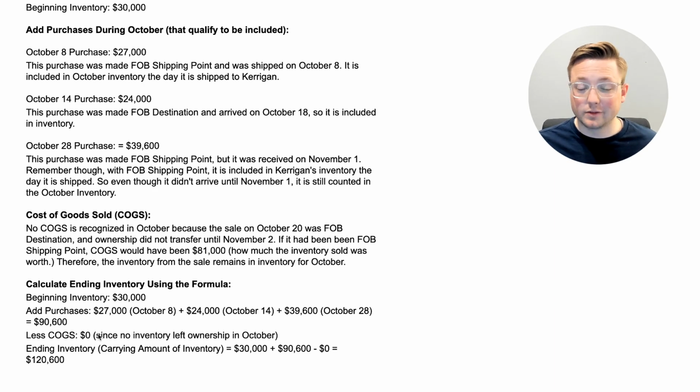So there was no cost of goods sold because that still stayed in their inventory. So the ending inventory is just the beginning inventory and the purchases, getting you to $120,600 of ending inventory, which again is the carrying amount into the next month. So I just wanted to make sure you knew what FOB destination and shipping point were and kind of just reminding you of the basic ending inventory calculation.